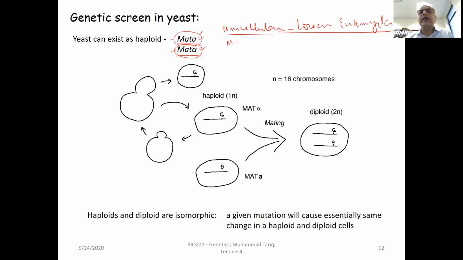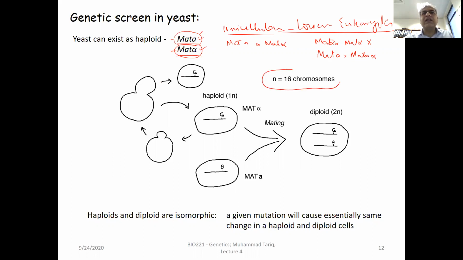Because it's always MAT a crossed to MAT alpha. It will never be two MAT alpha or two MAT a. They will never mate. Similarly, MAT a crossed to MAT a, they will also reject each other.